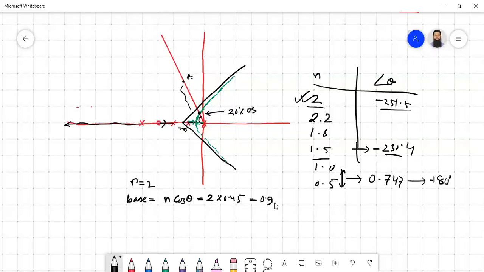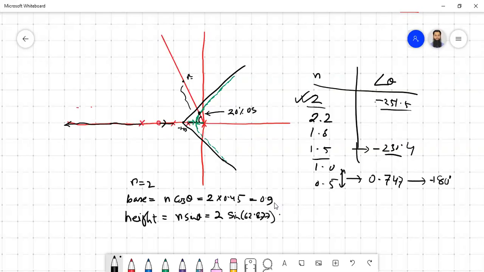And what will be the height? The height will be r sine theta, and that is basically 2 into sine 63 degrees approximately, or 64.877.